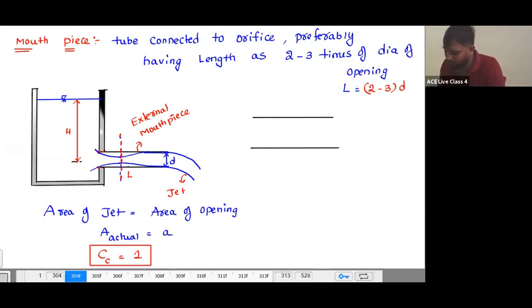When the flow is coming out, there is a vena contracta here.